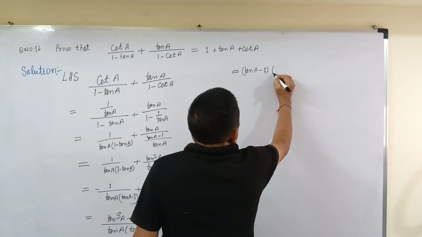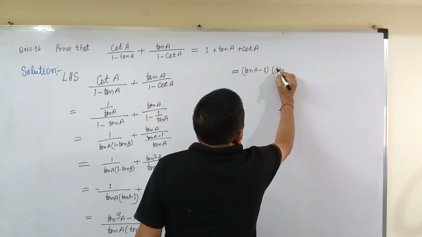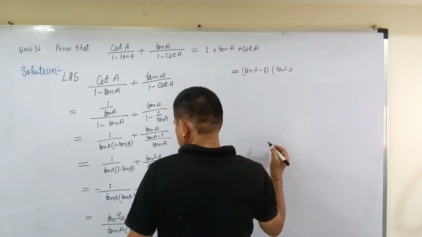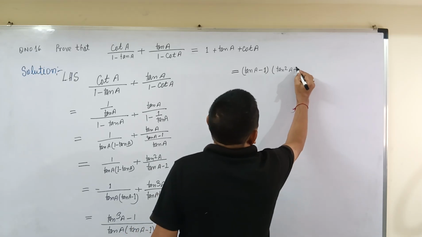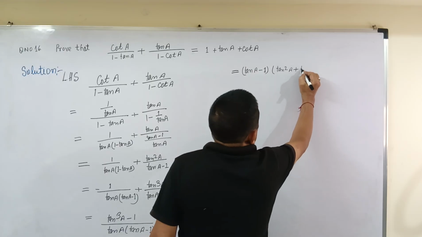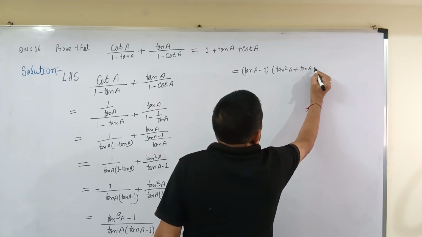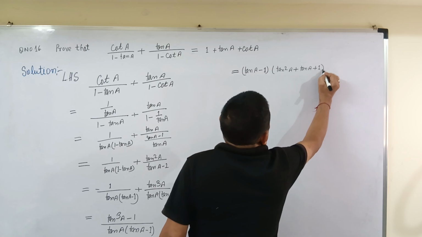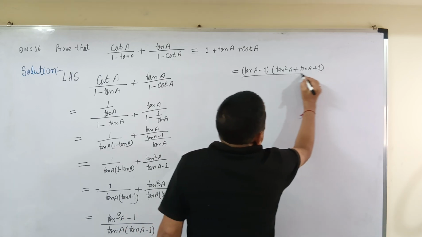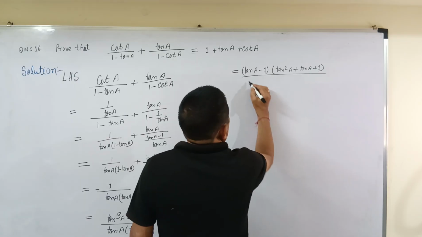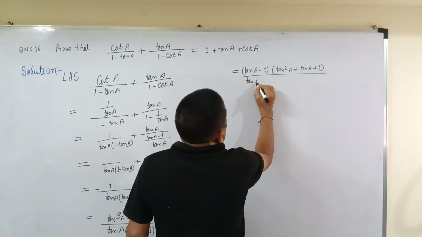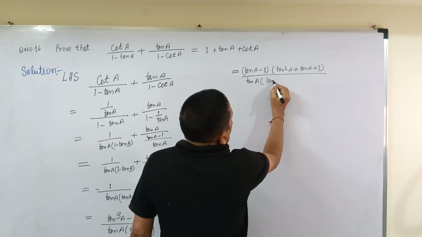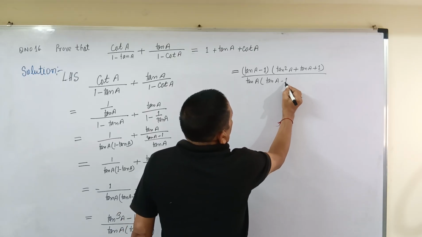then tan square A plus tan A plus 1 upon tan A into tan A minus 1.